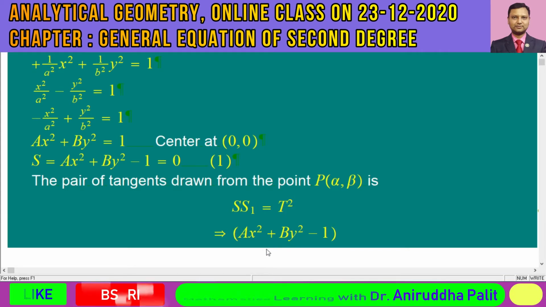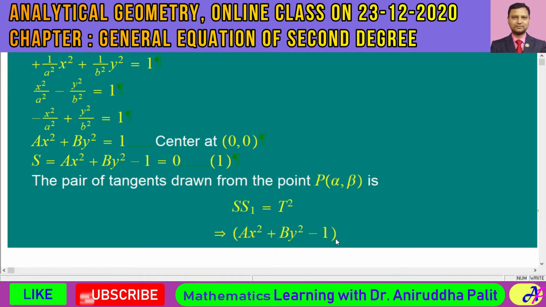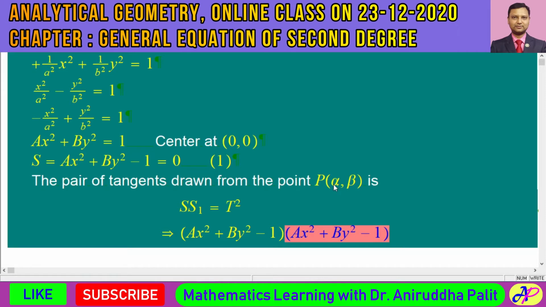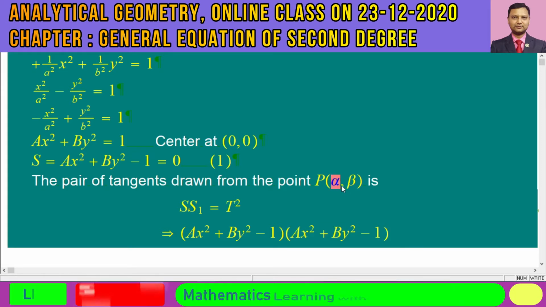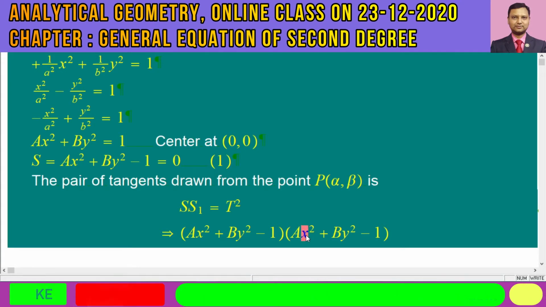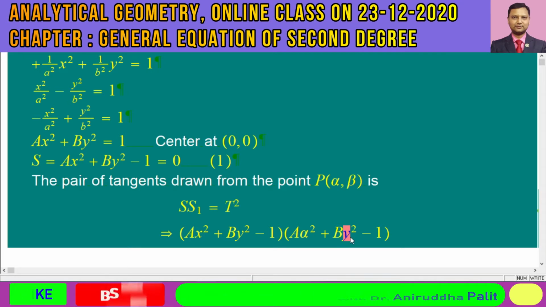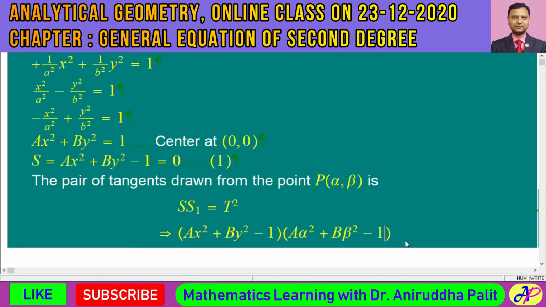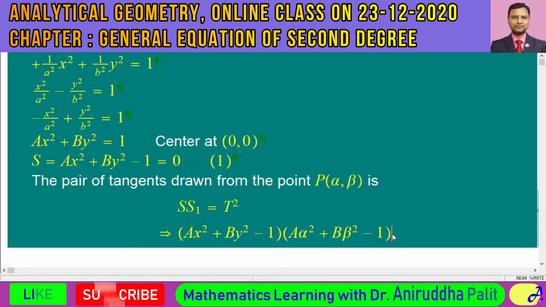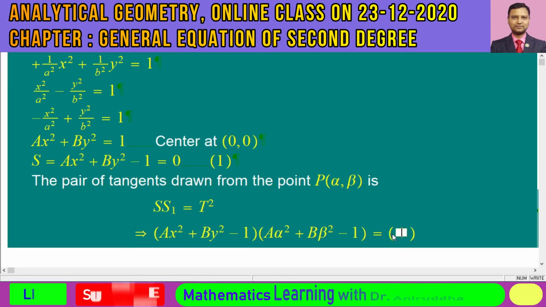Now SS1 is equal to T square. This is the expression of S. Then what would be the expression of S1? S1 would be the same expression, just x would be replaced by alpha and y would be replaced by beta. So in place of x, I have to write alpha, and in place of y, I have to write beta. So this is the expression of S1 at the point alpha comma beta, and that is equal to T square. What would be the expression of T?